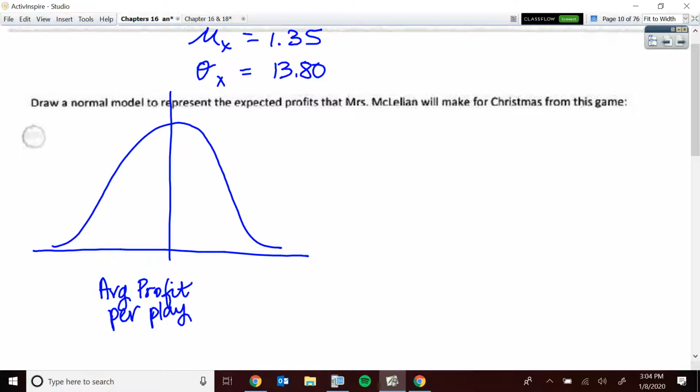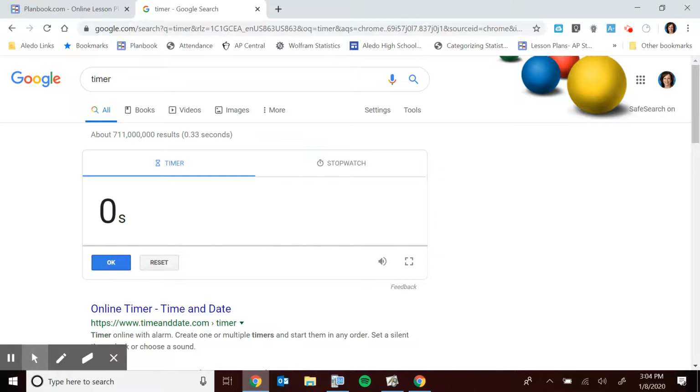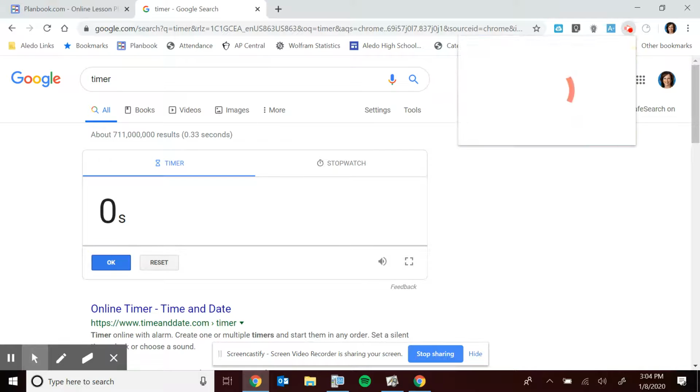And what we're going to do tomorrow for you guys, and actually when you leave, I'll finish this out. We're going to compute the probability. How frequently do I make a profit? Okay, so that's what we're going to look at next. So for you guys, page 6 through 8 is your homework, and I'm going to have you work on that. We'll continue that normal model problem tomorrow. Okay?